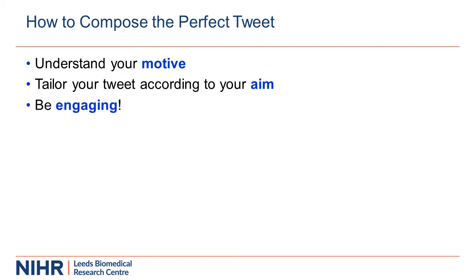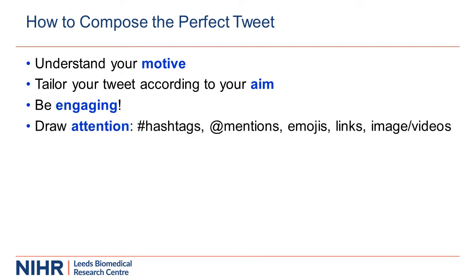Be as engaging as you can, and this can be achieved by drawing attention to your tweet using some of the functions I have mentioned, which include using hashtags, add mentions, emojis, inserting some links, as well as including images or videos in your tweet.